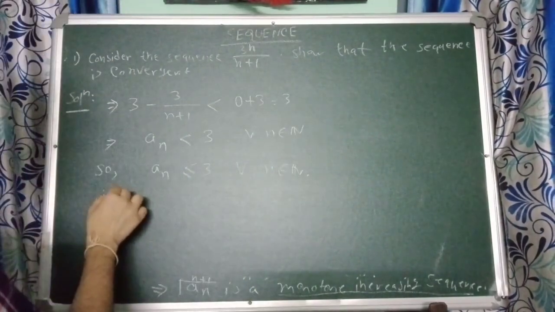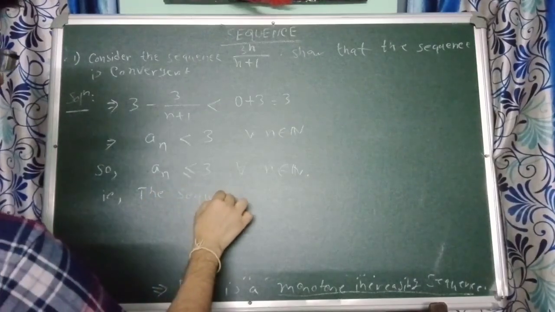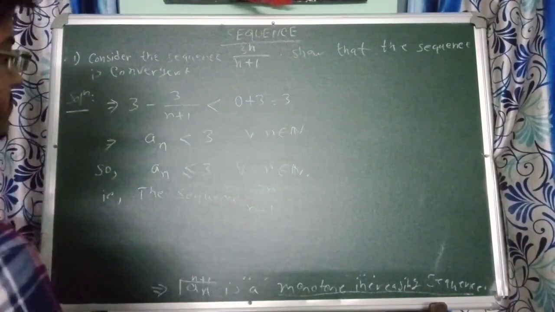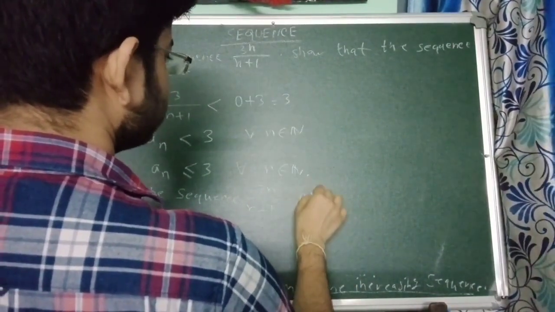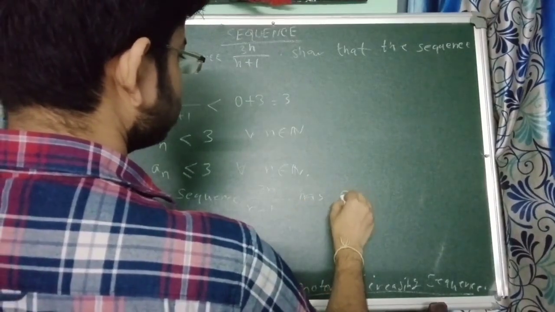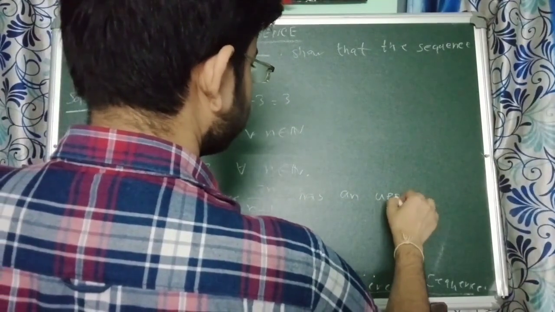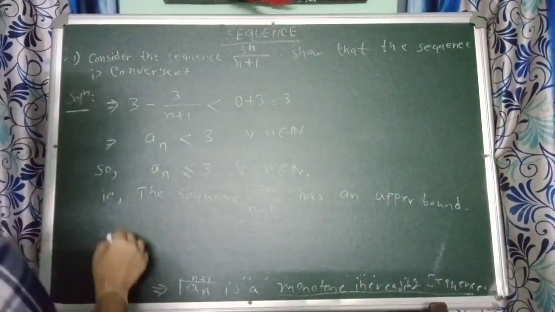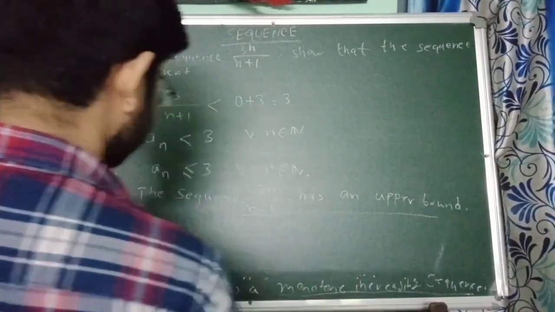That is, the sequence 3n divided by n plus 1 has an upper bound. This is the second point.